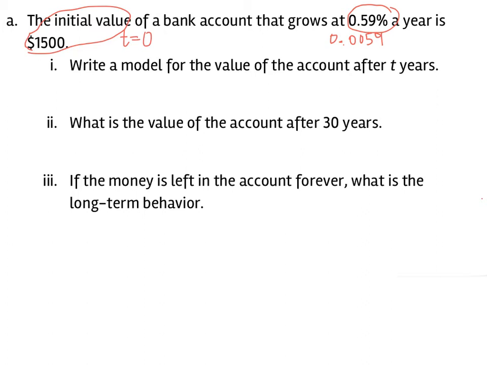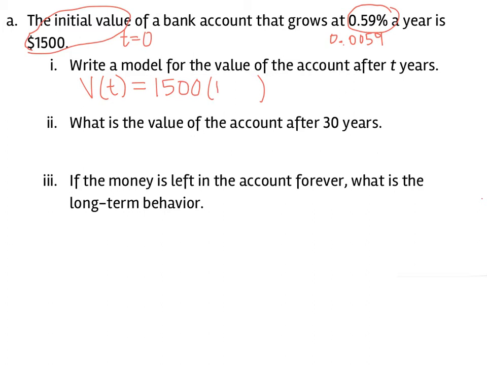So I'm going to call the function v of t for the value after t years. My initial value comes first. The rate at which the account is changing goes inside these parentheses. Now, I'm still going to have that $1,500 to start, and I'm getting this extra 0.0059 on top of that.